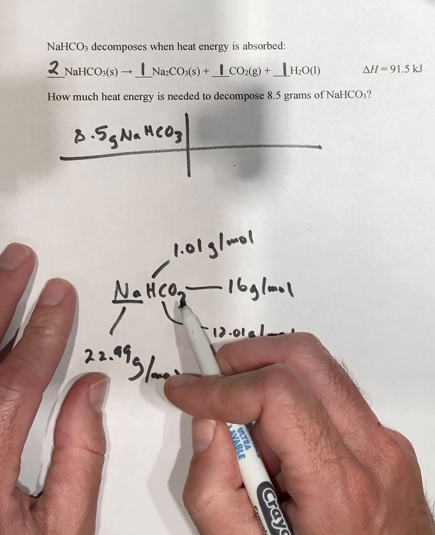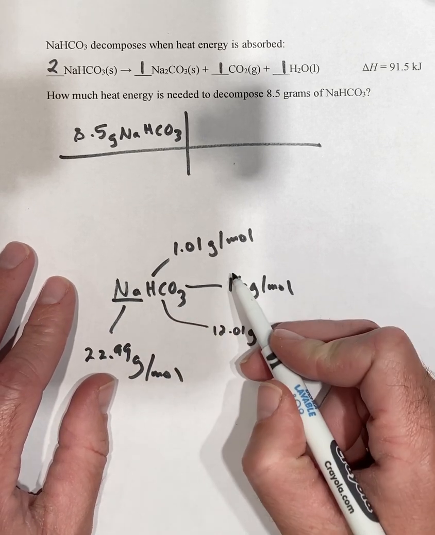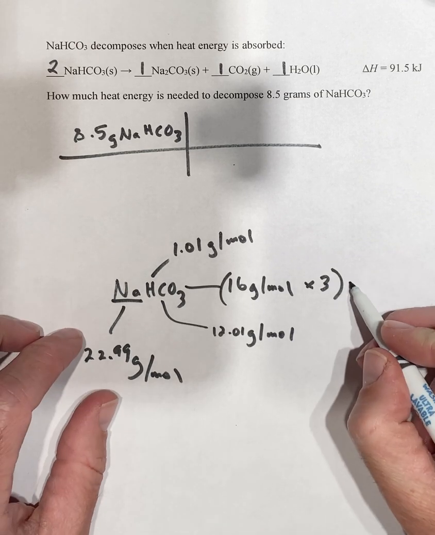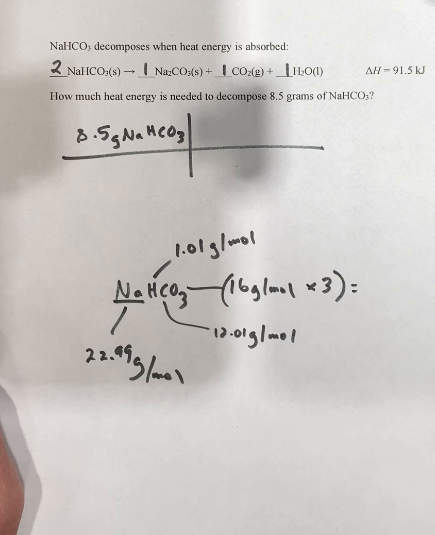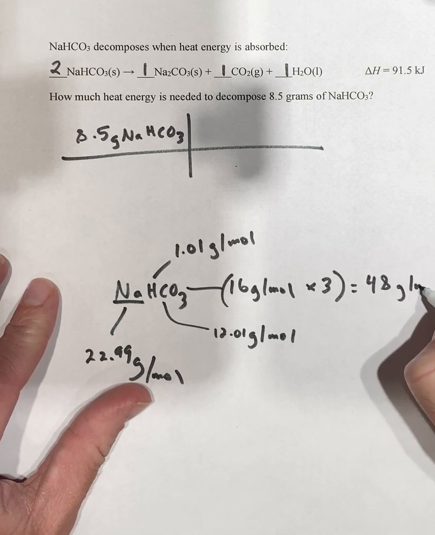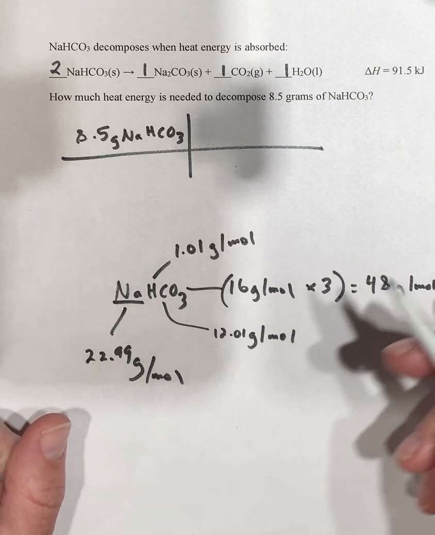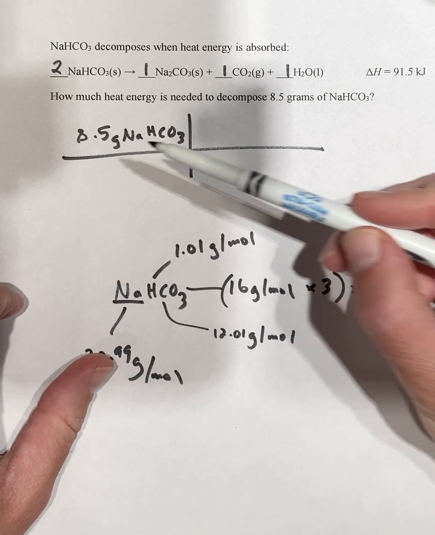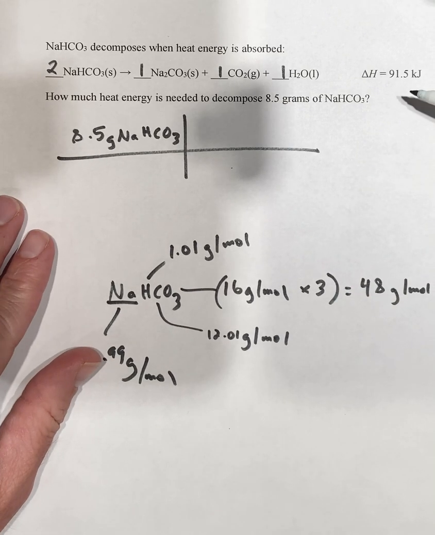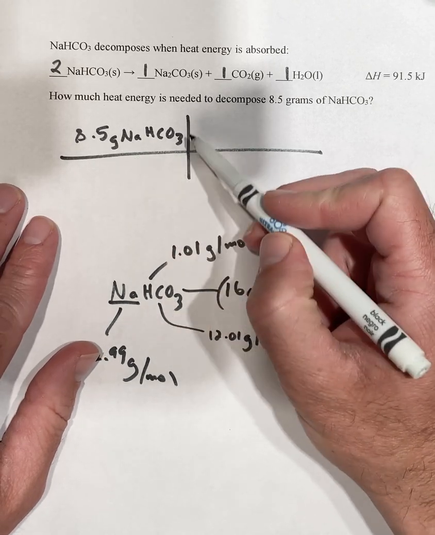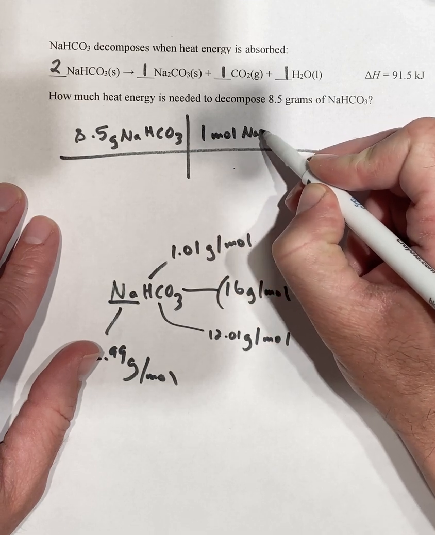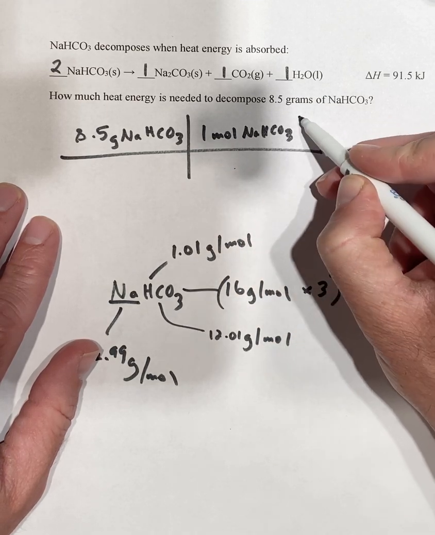Now with oxygen, it's a little unique because there's the 3 subscript. So that actually means we have 3 of those. So in total, the oxygen is going to be 16 times 3, so 48 grams per mole. All right, so if I want to convert this 8.5 grams of sodium bicarbonate into moles to eventually get to energy, I'm going to have to use the molar mass to figure out what 1 mole of sodium bicarbonate is.